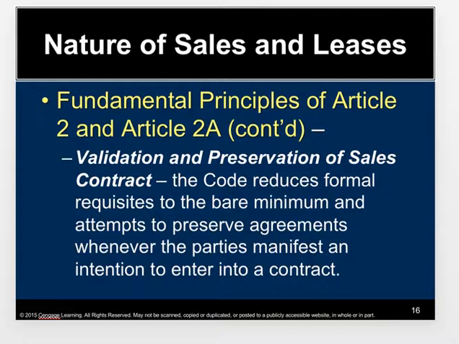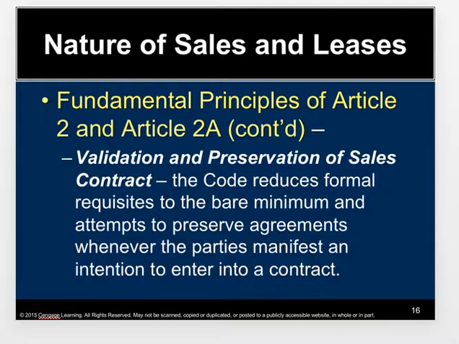And so what the courts will try and do is they'll try and say that there is a contract. In other words, if there's anything wrong, let's say some of the formalities are not there, the court will do everything in its power to try and save the contract and hold that there is a contract, as long as the parties manifested an intent to enter into a contract.